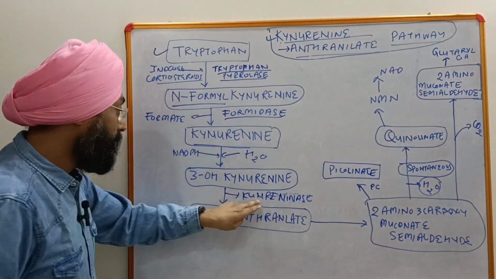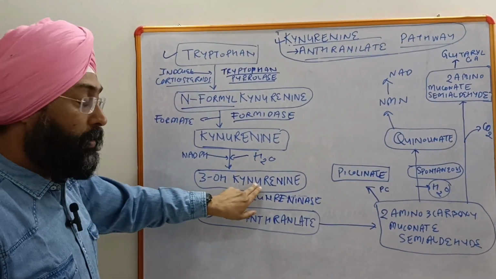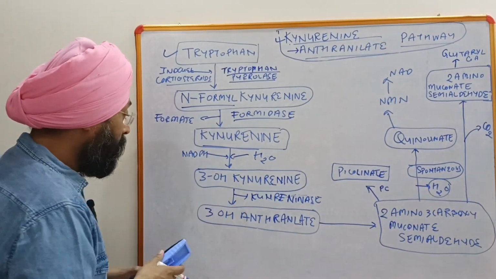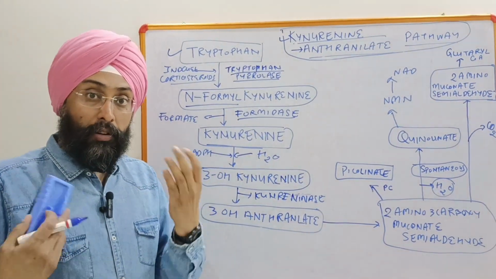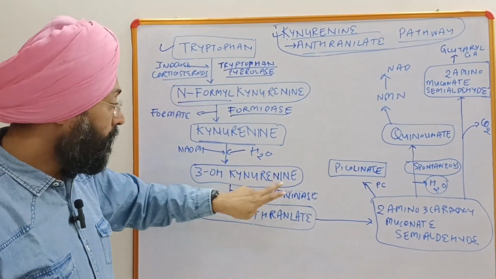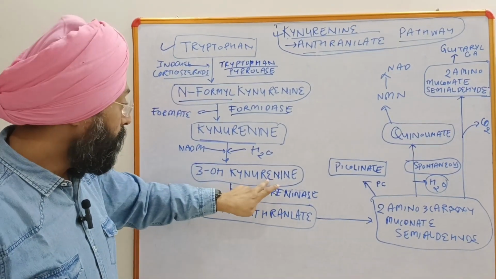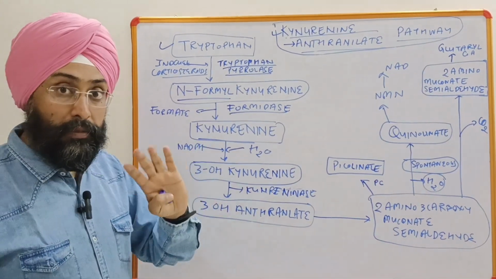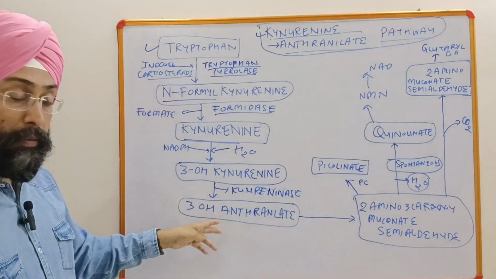So kynurenase breaks down kynurenine from here, and it comes out. So he handed over his power of attorney to his son, that is anthranilate. So 3-hydroxykynurenine was there. Kynurenase breaks down kynurenine from here, and he handed over his power of attorney to his son.